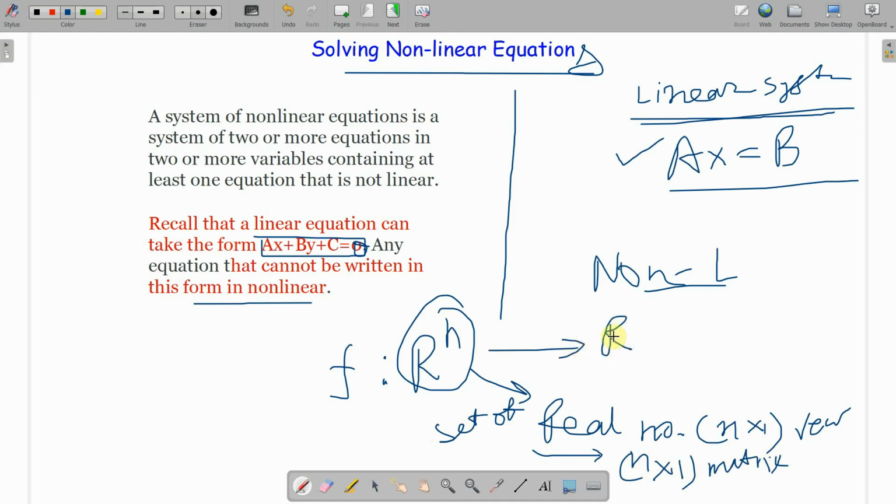Whenever you write in your copy, this R should be different from that R. Let me show you how you can write this R. You will write it this way. So it gives you the idea that all the functions are in real space.